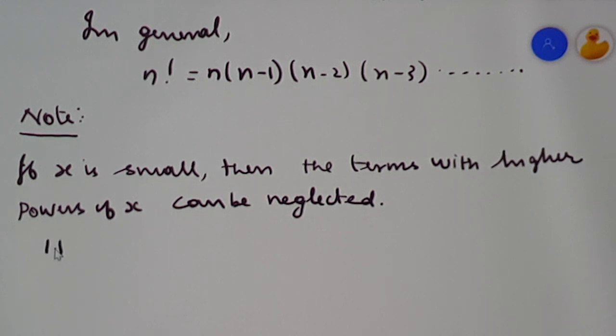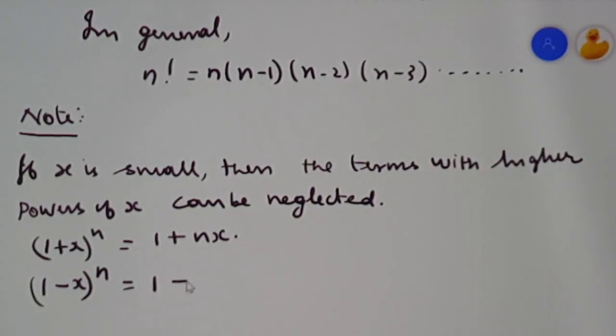For example, if I am writing (1 plus x) to the power n, I can write only the first term, 1 plus nx. The next one, n into (n minus 1) into x square divided by 2 factorial, is neglected. All the higher powers will be neglected because the values will be very, very small. Similarly, if you are getting the formula (1 minus x) to the power of n, then the value is 1 minus nx.